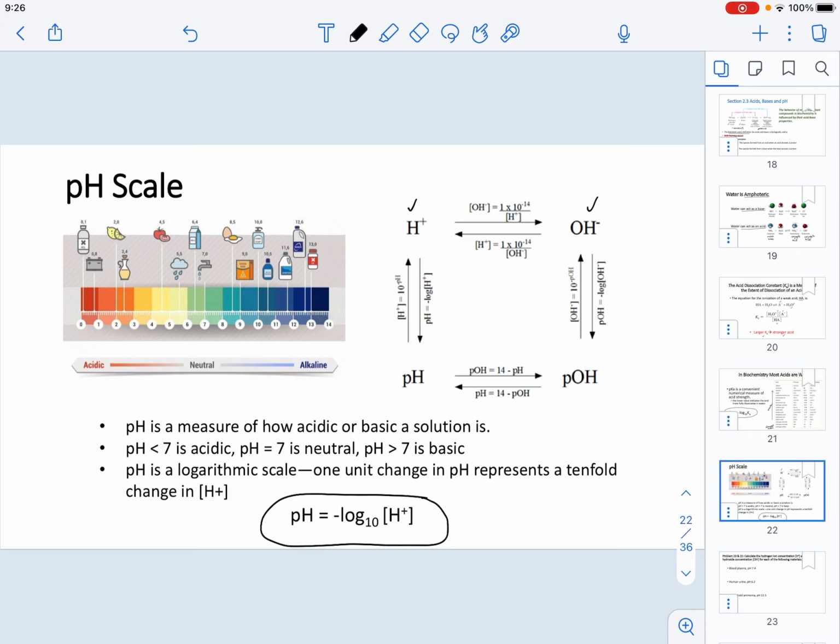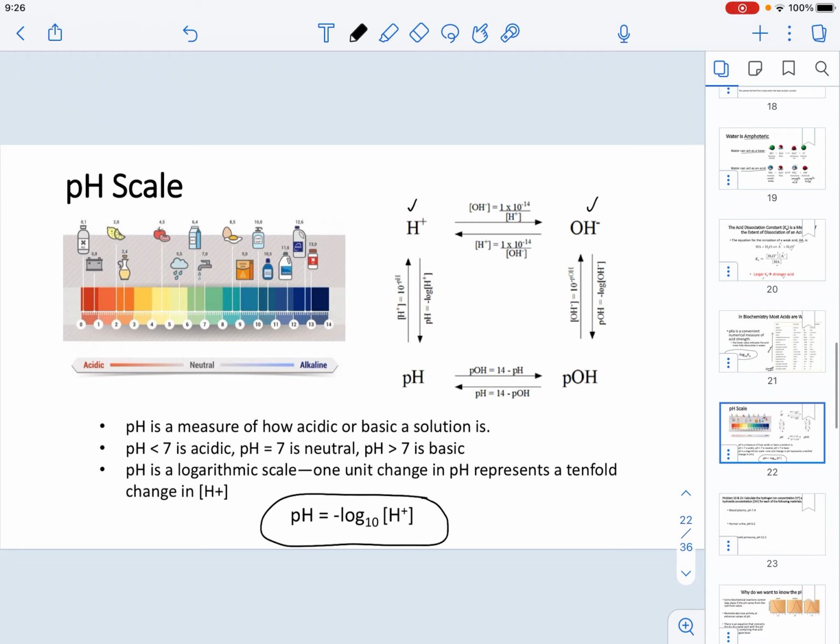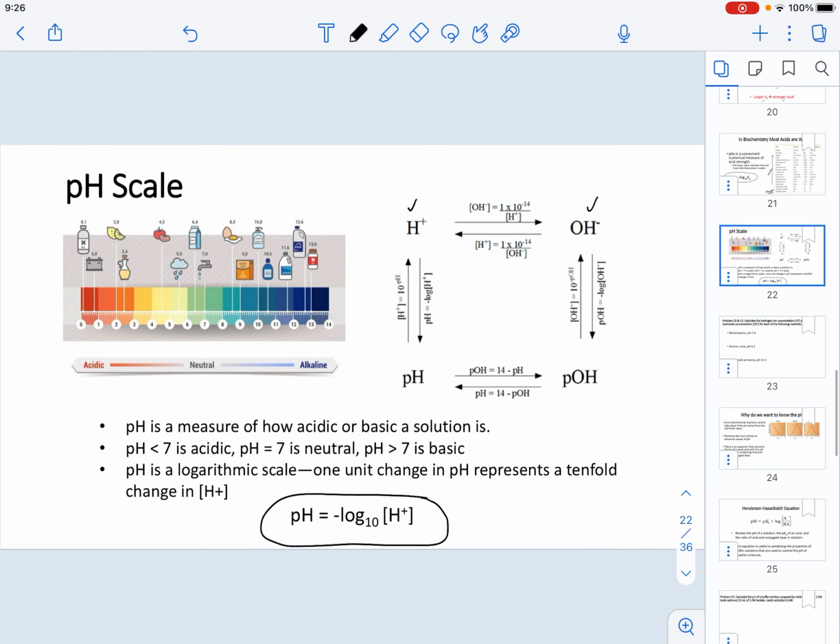You should be familiar with all of these equations, which have been presented to you in other chemistry classes. We're going to practice with some book problems on some of the things that you need to know. But all of the equations given in this diagram to the right of the slide are necessary for you to know for the exam.